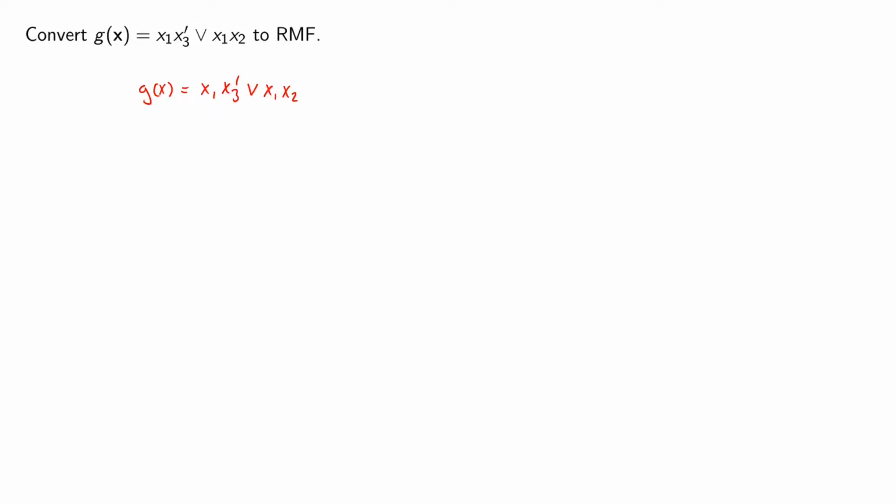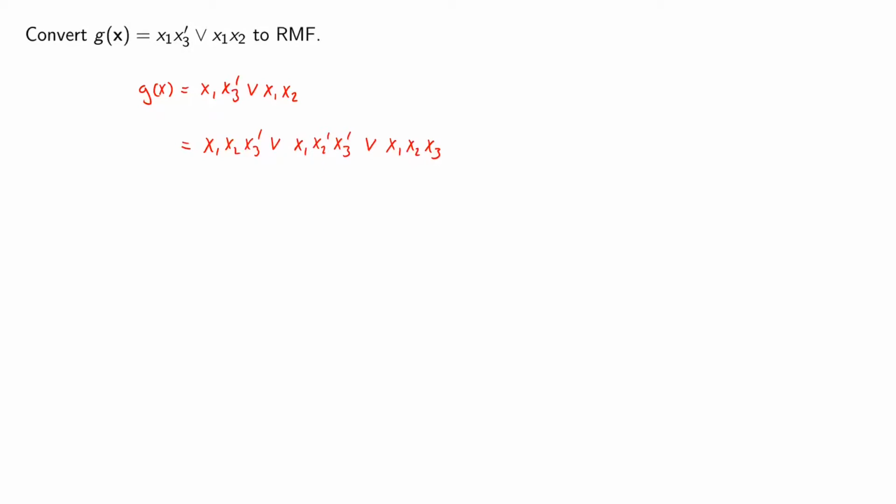The last approach that we're going to see an example of is to use the DNF. So this function can be written on the DNF form as x1 x2 x3 prime or x1 x2 prime x3 prime or x1 x2 x3.